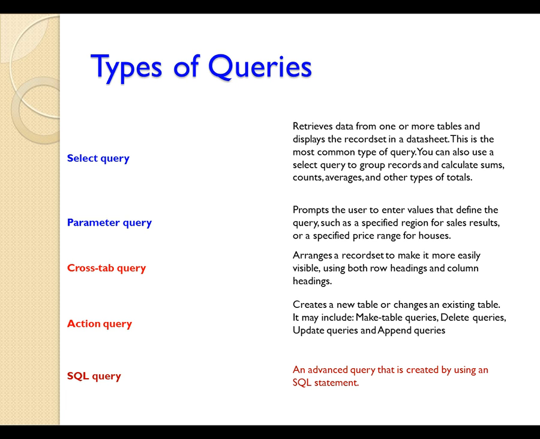I would encourage you to look at action query first, and if you have more time, the cross tab query. The action query, you are more likely to be asked to do it maybe at higher level. So if we get time to do that one, it would be nice. But at this moment, what I want you to appreciate is the different types of queries. And we'll do some of them.